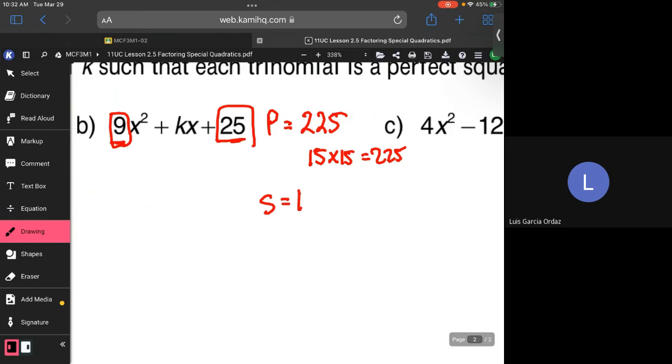Which is what? Good. So what is my whole equation going to look like now? Jade? 9x squared plus 30x plus 25. Yep, there we go.